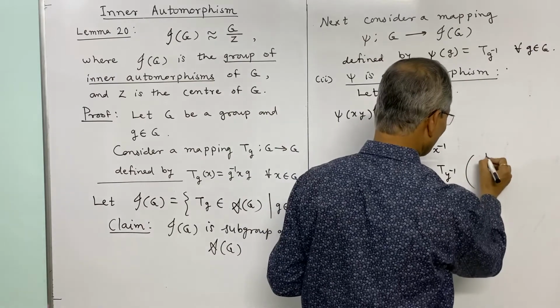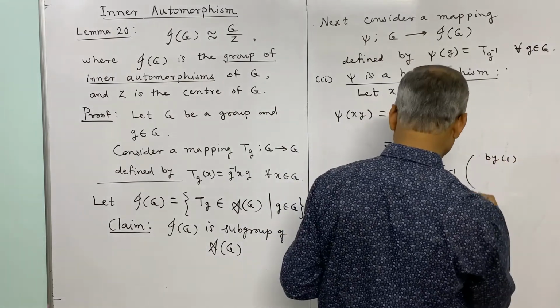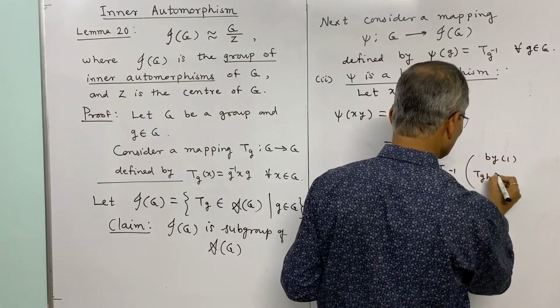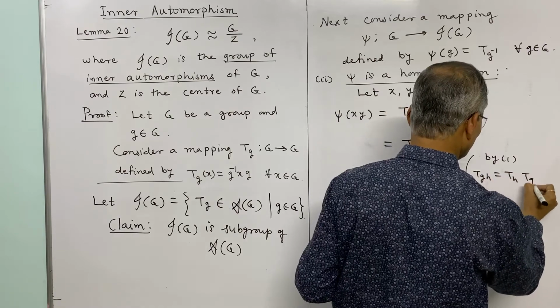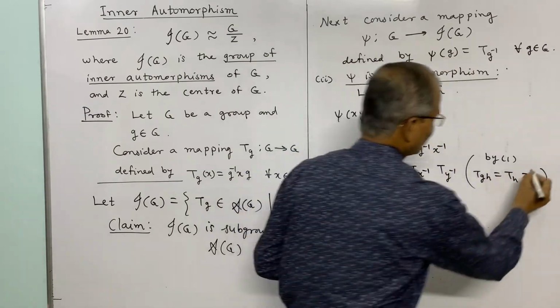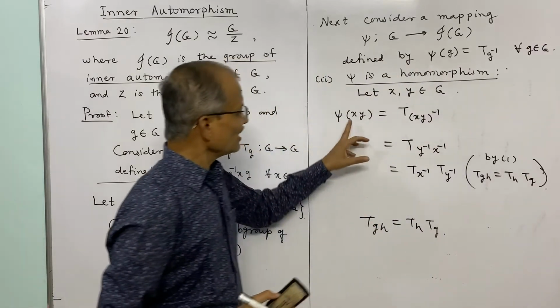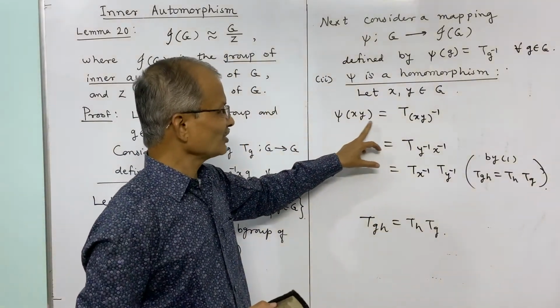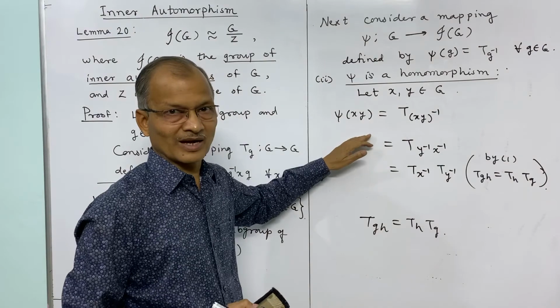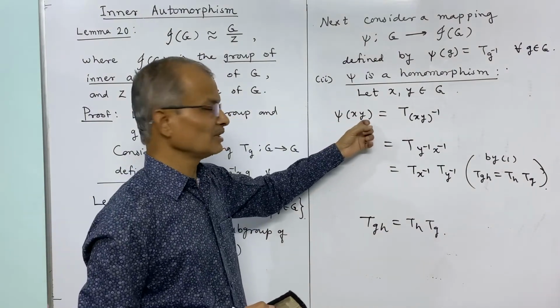So by this, T gh is equal to Th Tg. Now you observe again, the elements can be used as gh or xy. We have written here xy; it may be written g into h.